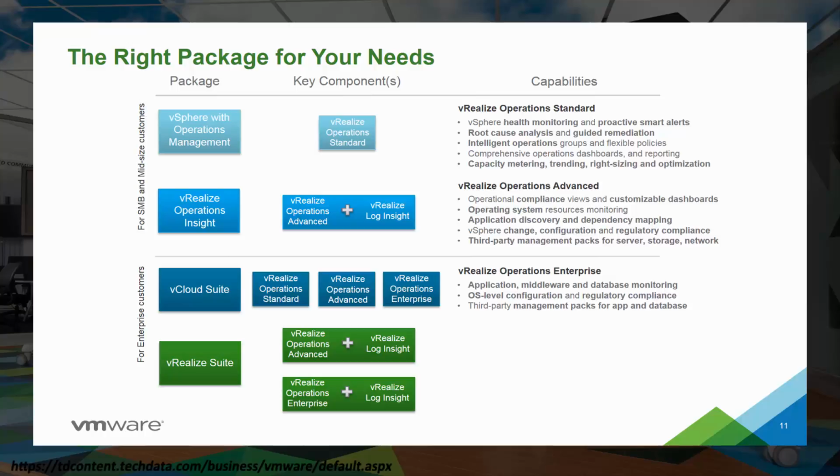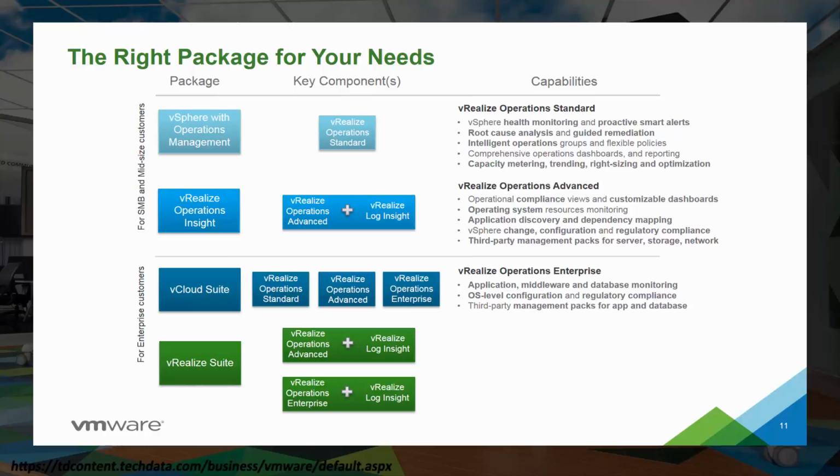So for those customers that are really looking to control their compliance, as well as getting down to the application level and seeing how maybe that database is running, the Enterprise is going to be the edition for them.